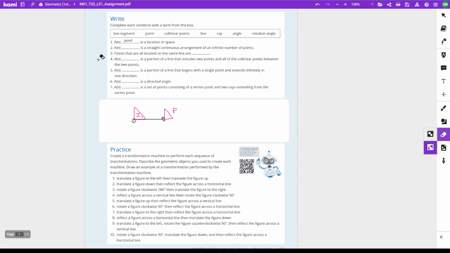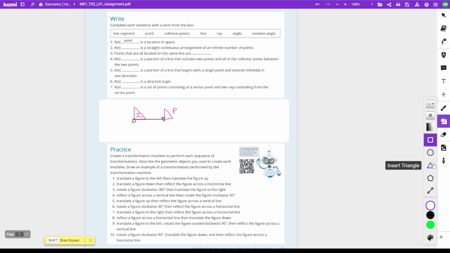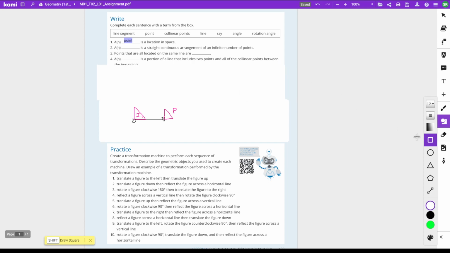Okay, so in order to do that, I'm going to need more space. So let's go ahead and make the rest of this white. Okay, and now we're going to draw a vertical line segment, and hopefully we can do that in black.